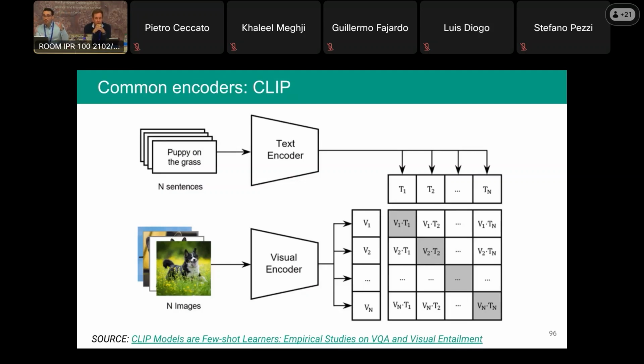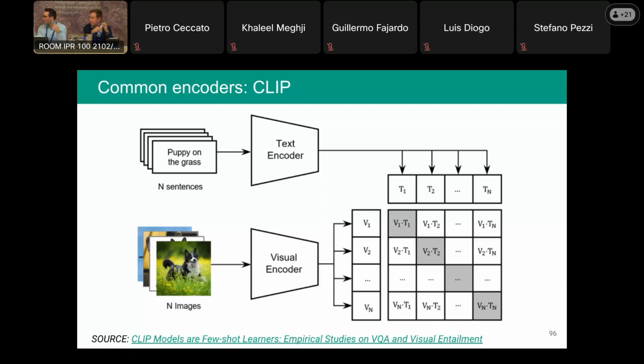That is very abstract. We don't know what those are, right? But we want that if it shows this puppy on the grass or tells with text puppy on the grass, it will converge when we go with the text encoder and the visual encoder towards a similar number, a feature vector that is similar. And this is done using contrastive learning.